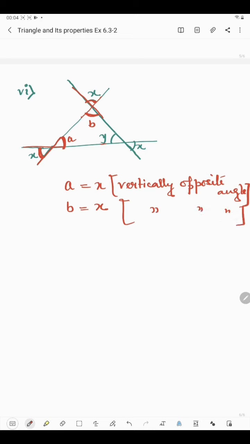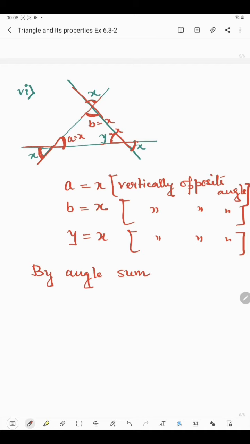Okay. Now here this line and this line also cross each other. So the value of y will be equal to x. Okay. Why? Because this is also vertically opposite angle. Now we have got the value of this and this. That means the three angles of a triangle. And we know that by angle sum property of a triangle the sum of three angles is 180 degree.